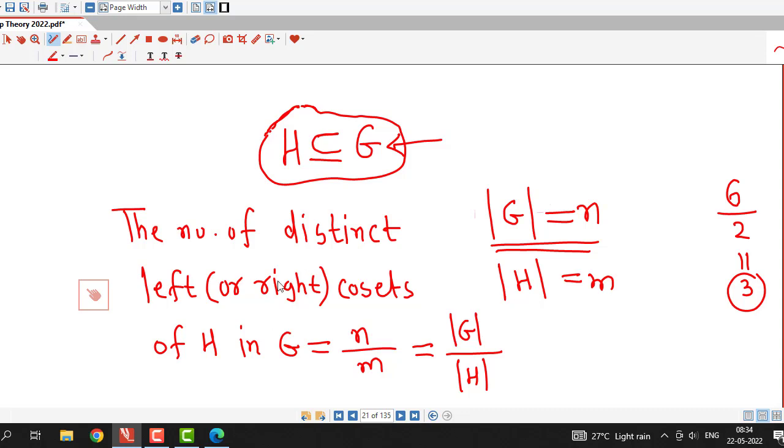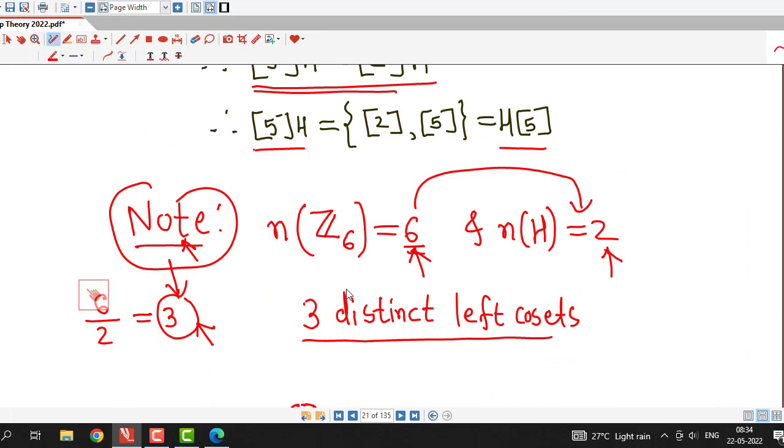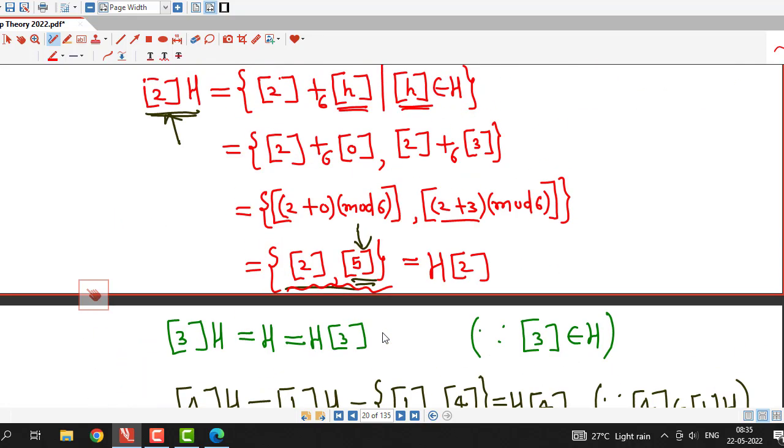The number of distinct left or right cosets is always equal to the order of the group divided by the order of the subgroup, that is n divided by m. So here we obtain 3 distinct left cosets, and the order of the group is 6, the order of the subgroup is 2. So this must be 3, and we have obtained 3 distinct left cosets. So we can be sure that our answer is correct.